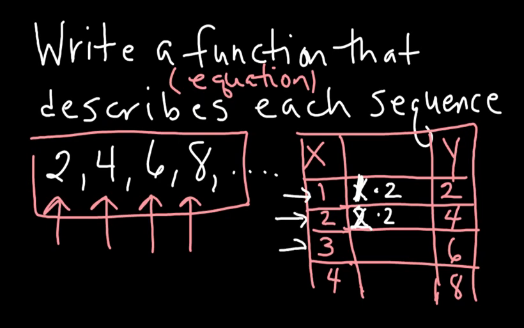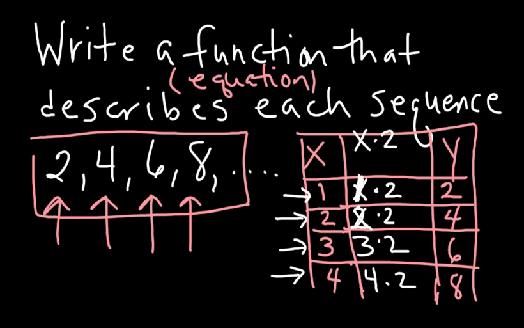How about the next one? 3 times 2, is that 6? 4 times 2, is that 8? Yes, so we're multiplying the x by 2. So that means the rule would be x times 2. Now, in algebra, you don't usually write x times 2 to show times 2.